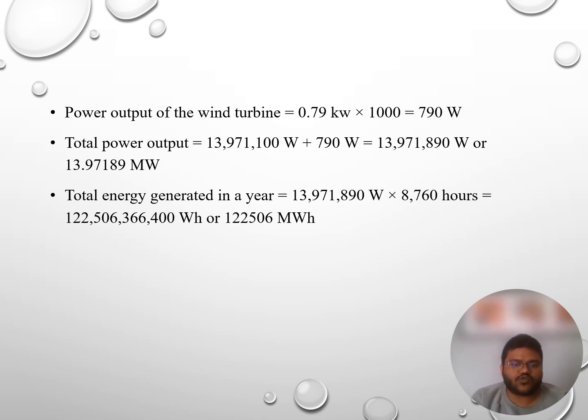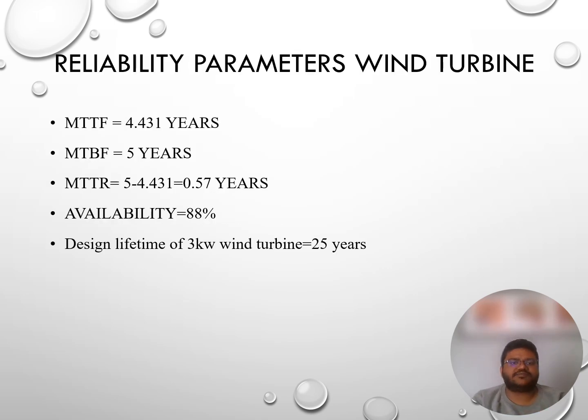That's the power output. So to generate this power output, 13.97189 megawatt, we need to build the floating hybrid power plant on around 86,205 square meters. So these are the design specifications, and let's move to the reliability parameters.